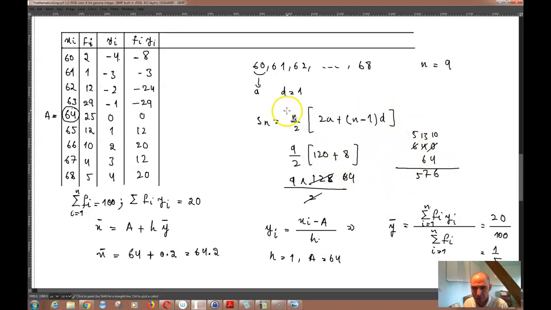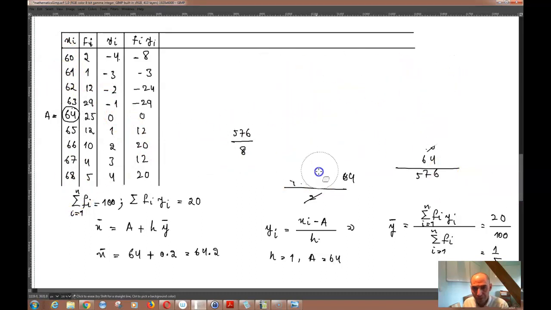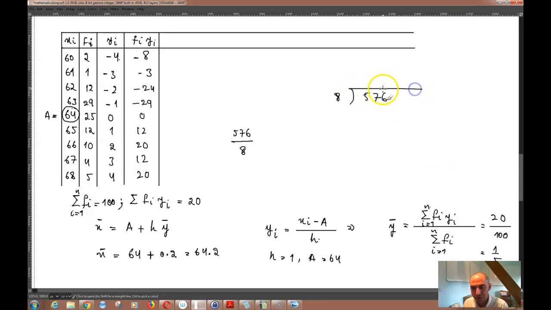So the sum of these numbers is 576. S of n is equal to 576. And divide by 8. If you divide that by 8, you will get the mean of all of these numbers. So 576 divided by 8, you will get 7 times 8 is equal to 56.